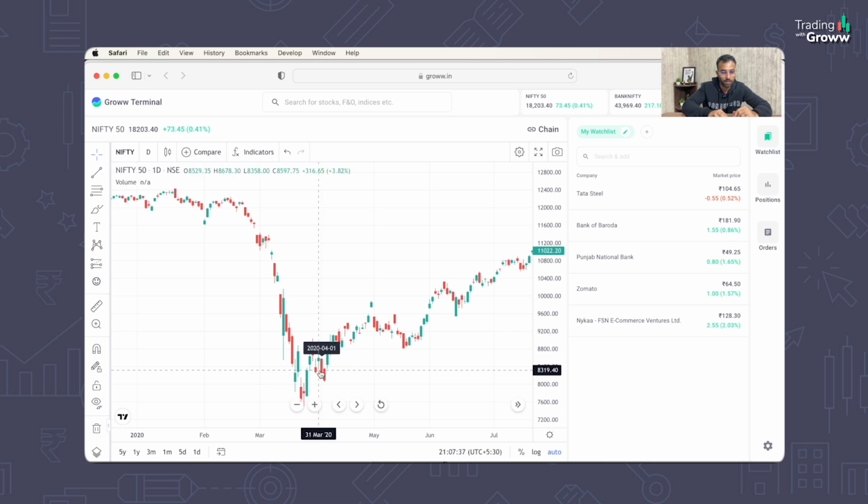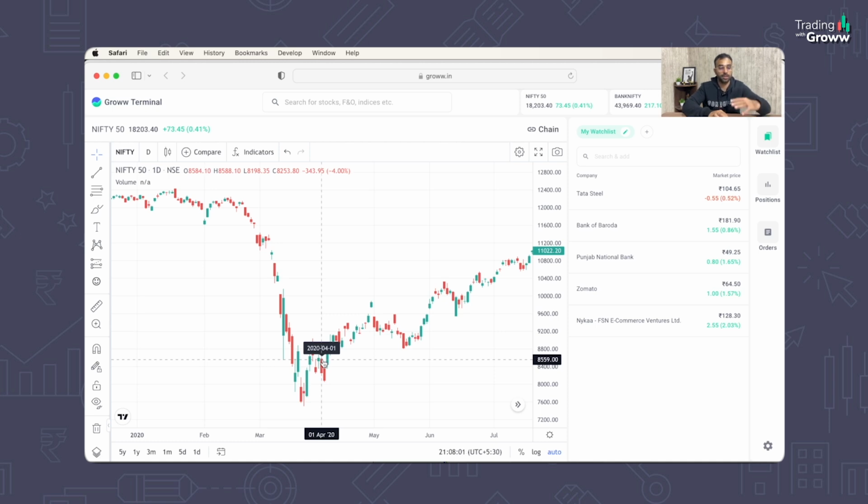As you can see, this is the chart of Nifty, and around April Nifty was trading around 8559, so approximately 8,500 or 8,600 we can consider as ATM options. Let's see what the ATM straddle, the 8,600 call option and put option, was on 1st of April.